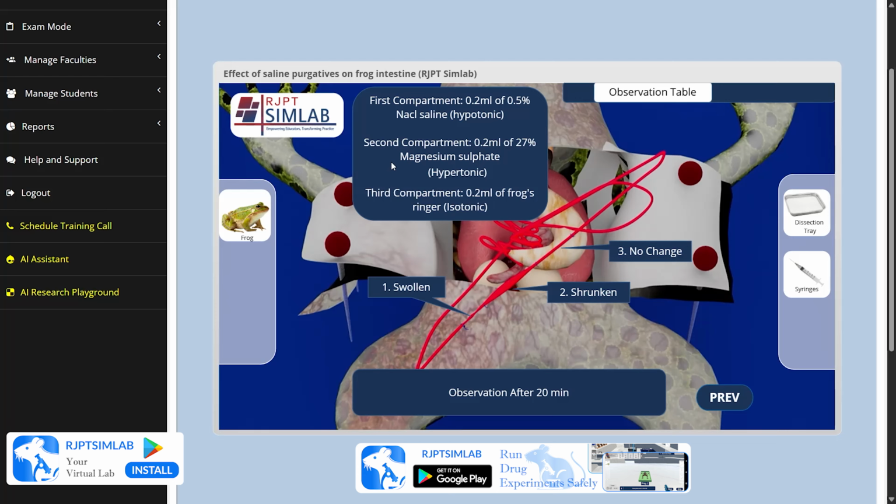In the second compartment, magnesium sulfate, the hypertonic solution, has shrunk the tissue. As we can see, the lumen portion is enlarged and the particles are shrunken. And in the first compartment, where we used the sodium chloride saline solution, it has shown its effect: it has swollen the lumen.